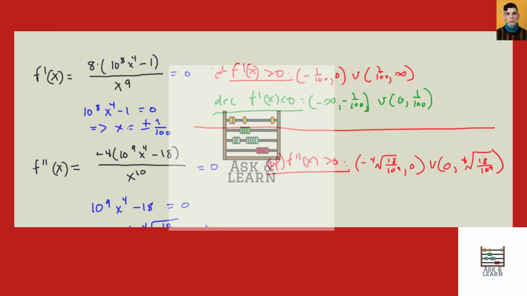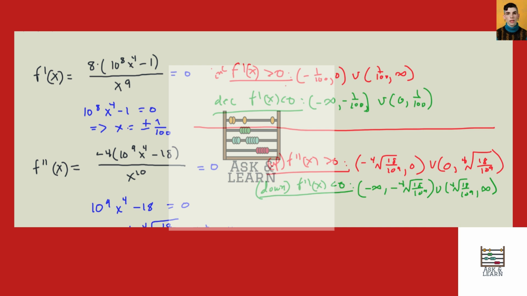And this function is going to be concave down when f double prime is strictly less than 0 on the rest of our domain's interval: negative infinity to negative fourth root of 18/10^9, union fourth root of 18/10^9 to infinity.